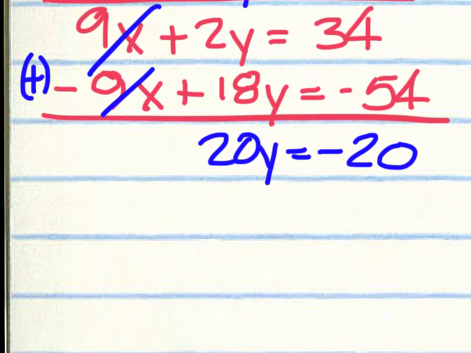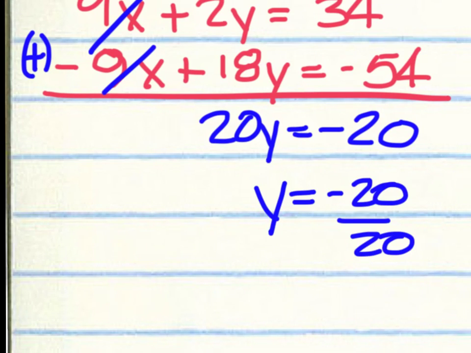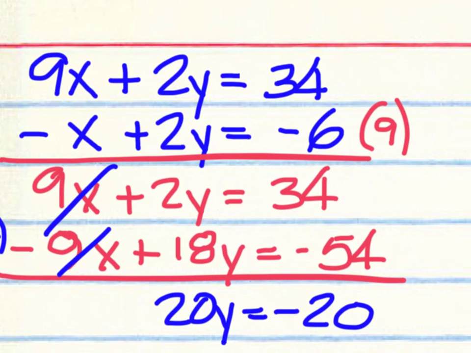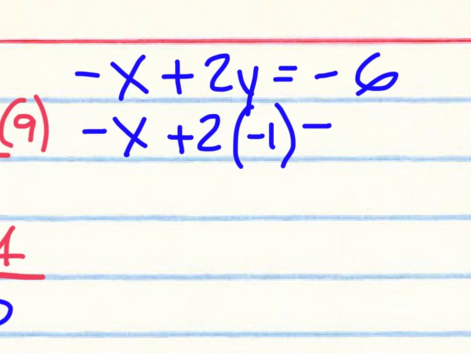So we'll plug in negative 1 into the bottom one. Negative x plus 2y equals negative 6. And we found negative 1 to be the answer for y. So simplify to minus 2. And then divide 6 by... Oop, we're not ready for that yet, are we?